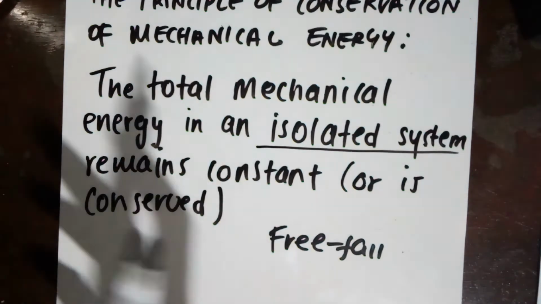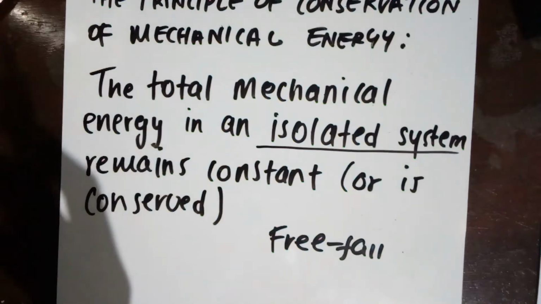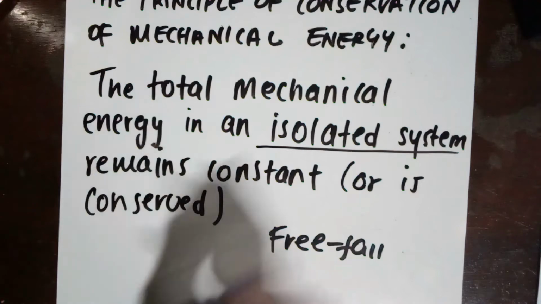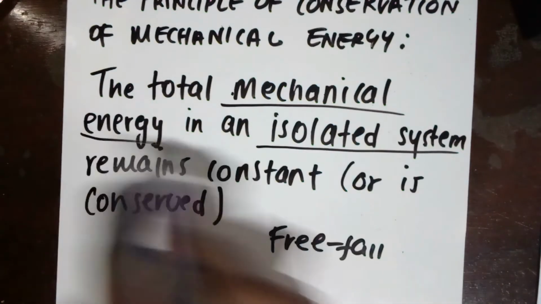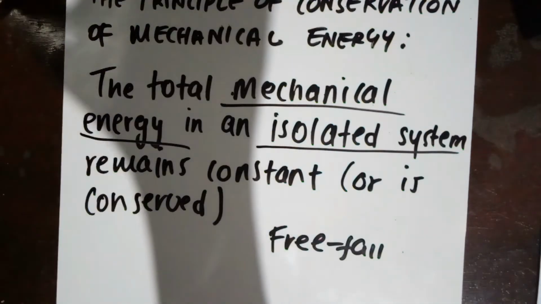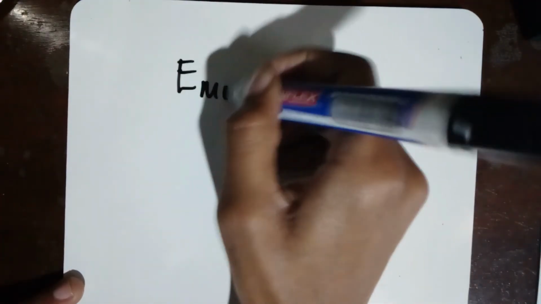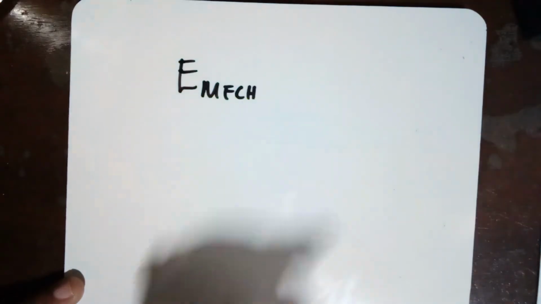But before we actually get deeper into this, we first have to understand, what do we mean when we talk about mechanical energy? So mechanical energy in physics terms, let's say E represents mechanical energy.